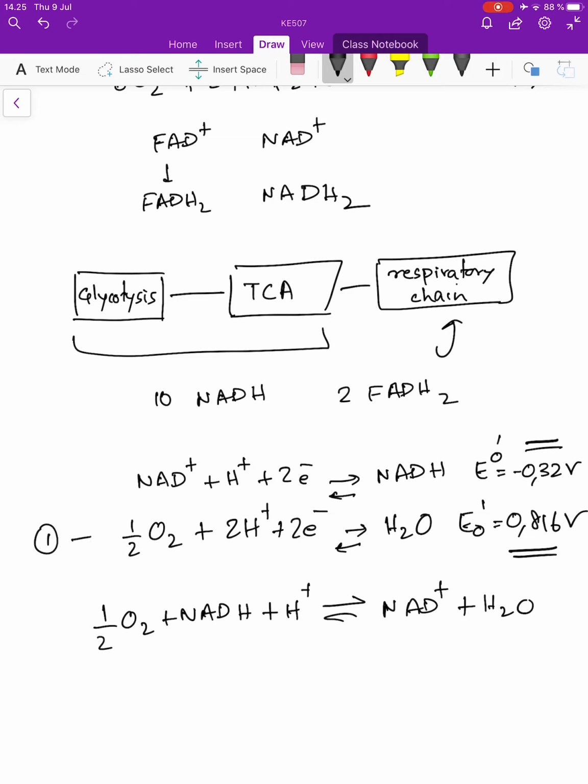So this is reaction 1 minus reaction 2, and the total cell potential for this will be equal to 0.816 minus 0.32, which is equal to about 1.136 volts.